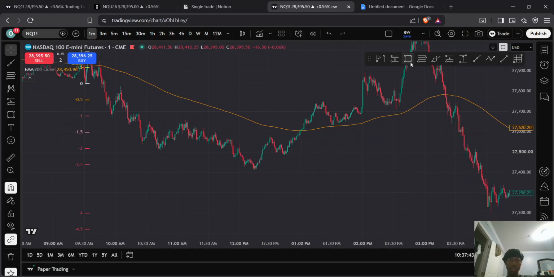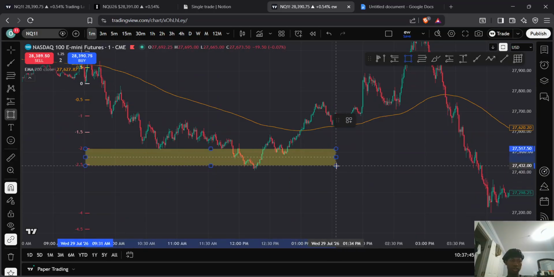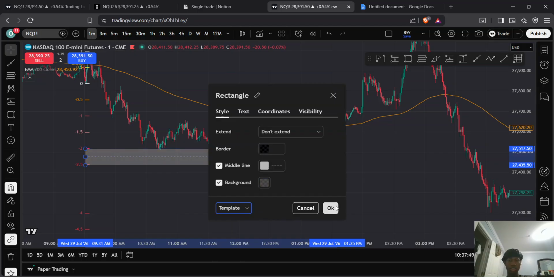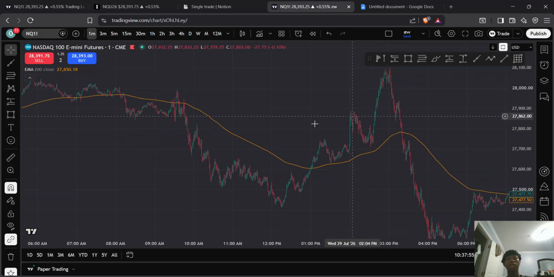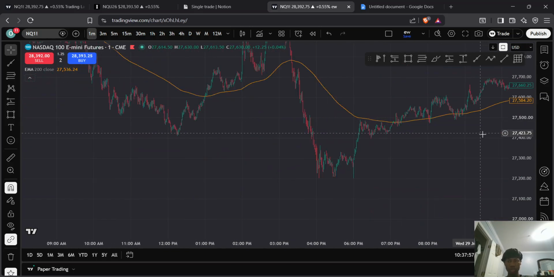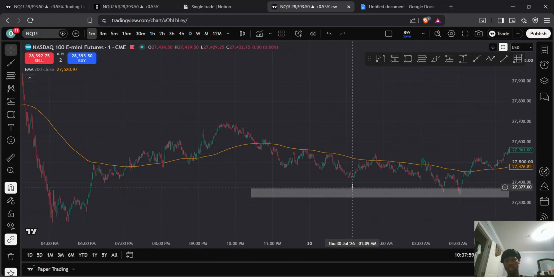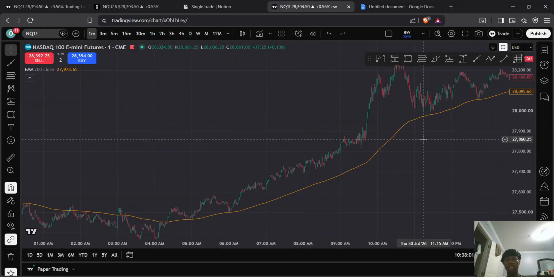Then you see, okay, this is my -2 to -2.5. Did we reject out of there? Yes, we did, so I drew the fib right. Let me find the next manipulation leg. That's what I did for days and days until I finally understood, okay, this is the leg I need to draw it on.